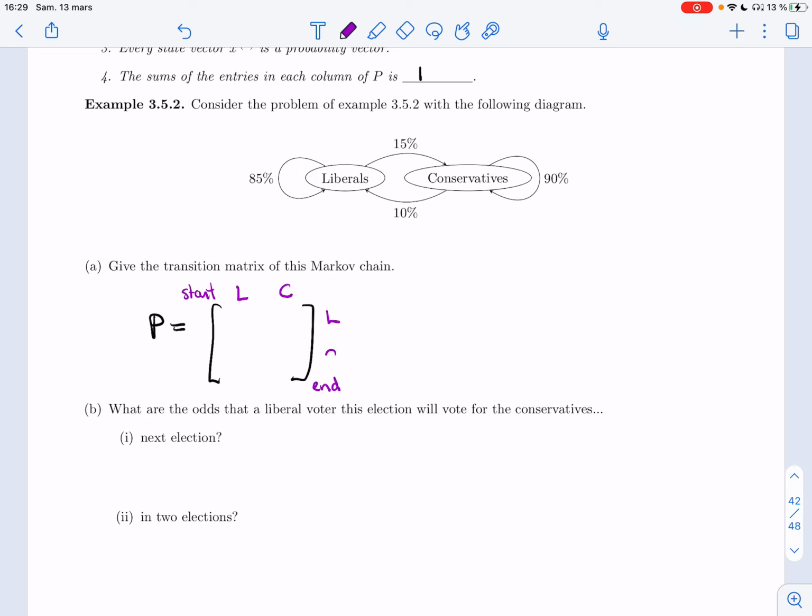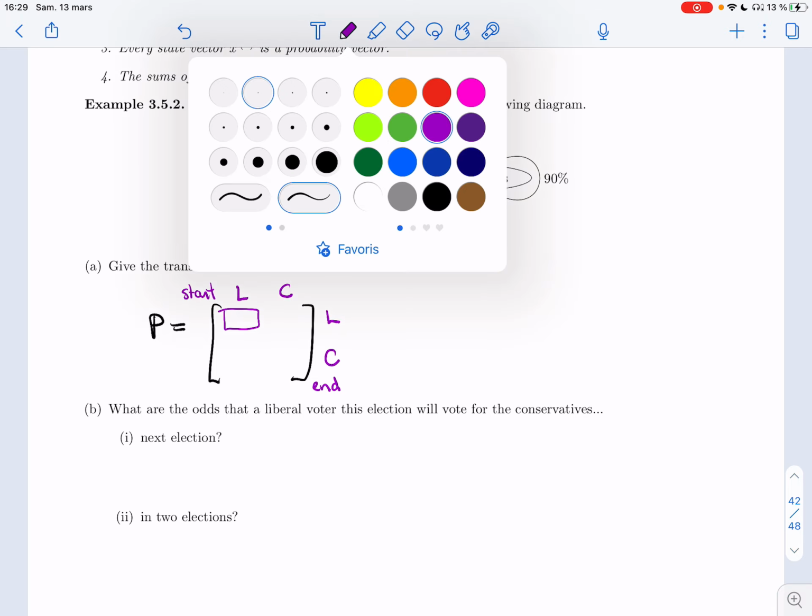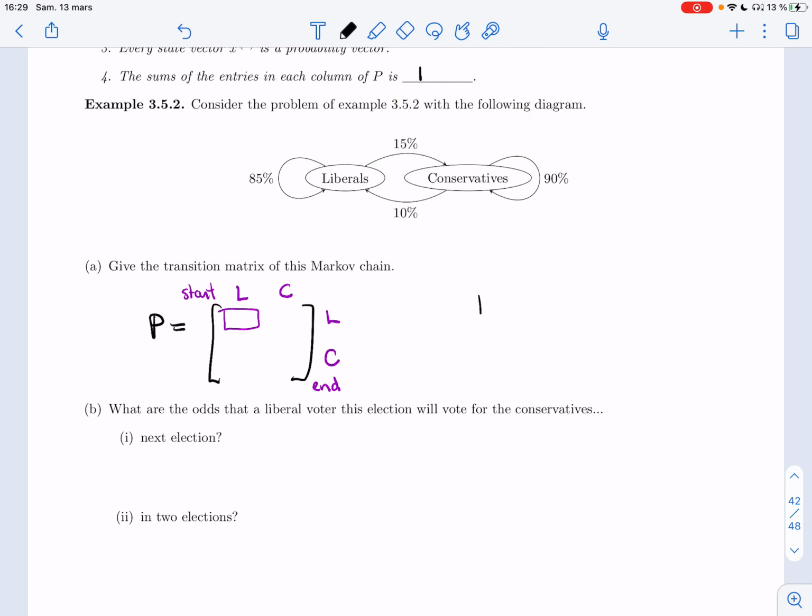We can end liberal or end conservative. The entry that I'm going to put in this box would be P11, the probability of going from liberal to liberal. So that's this arrow here.